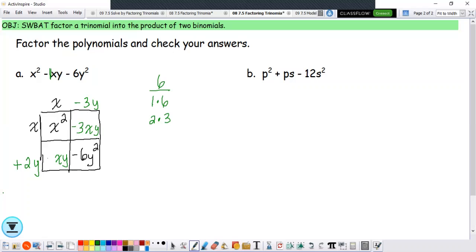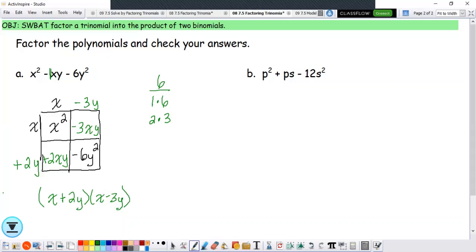Positive 2y times x is positive 2xy. And when I combine these two terms, I will get negative 1xy. And negative 3y times a positive 2y will multiply to give me negative 6y squared. So this trinomial factors as x plus 2y times x minus 3y.